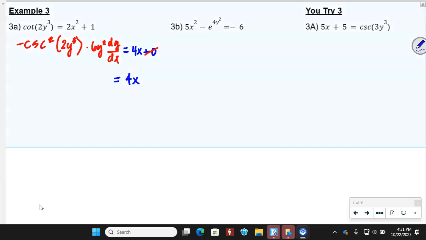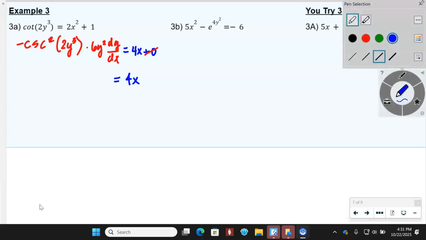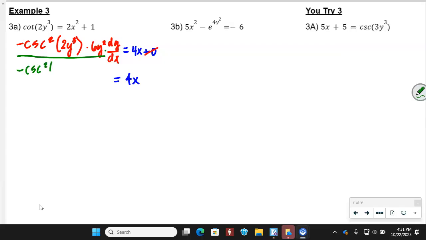And that's going to be equal to, and everything over here on the left is being multiplied, right? Because everything on the left is being multiplied, we can divide by everything on the left, since it's really multiplied by that dy dx too. So we can divide by all that. So that's minus the cosecant squared of 2y to the third times 6y squared.